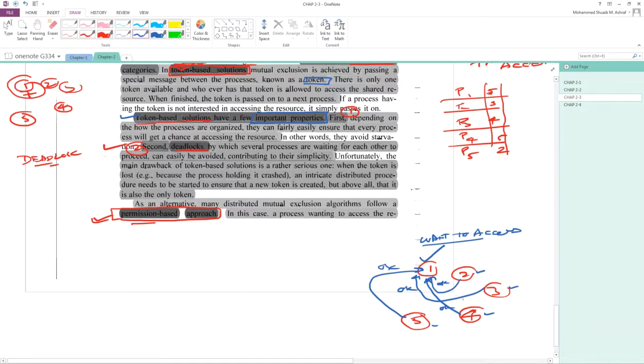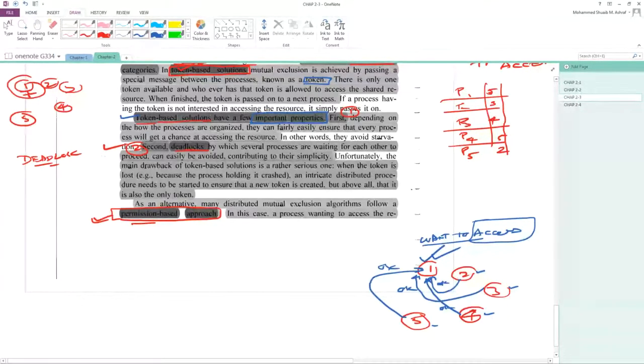If all processes give permission to process number 1, then he will access the resource. Again, look, there are five processes, and process number 1 wants to access the resource. So he needs permission from all the remaining processes, that is, processes 2, 3, 4, 5.